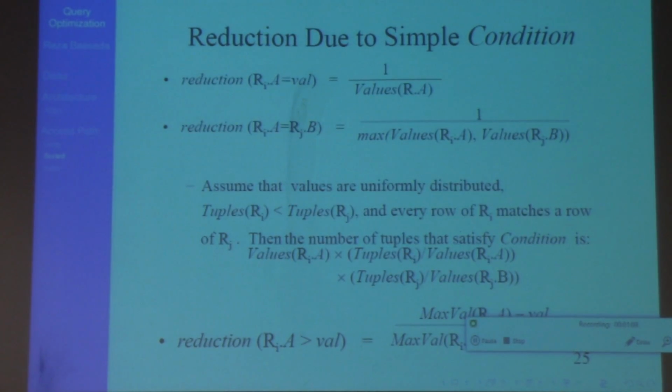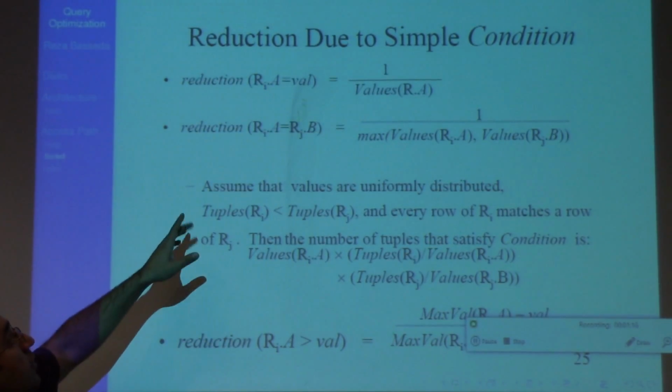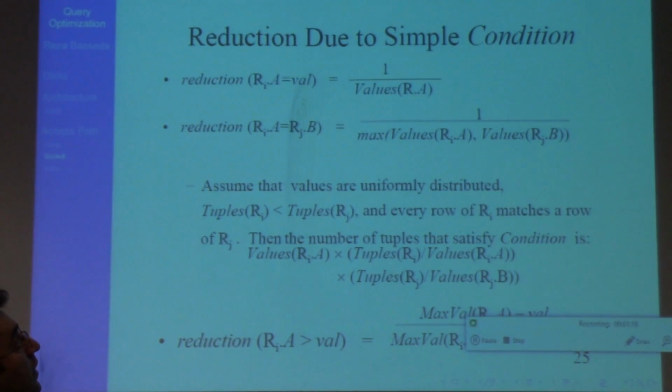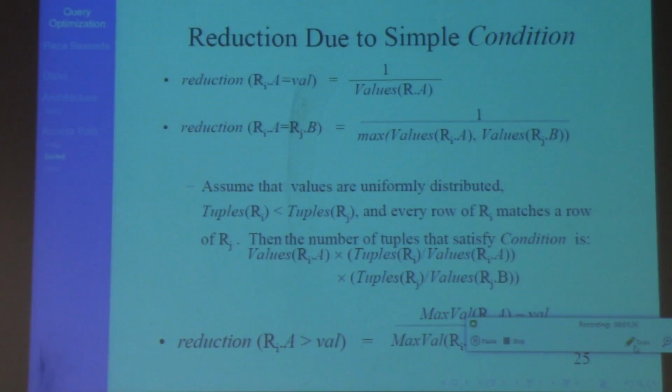So we have these estimations for the reduction of the conditions. Suppose that we are considering this condition. We are trying to see if the condition is attribute A of the relationship R_i is equal to a constant value, how much is the estimation of the reduction?